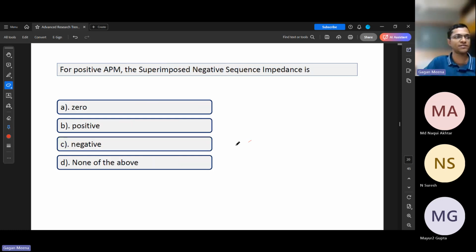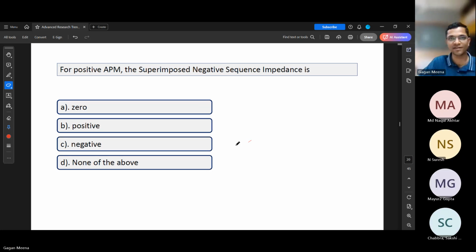Then the next question is: for positive active power mismatch, the superimposed negative sequence impedance is... What will be the answer in this case? For this, you will have to think a little bit.